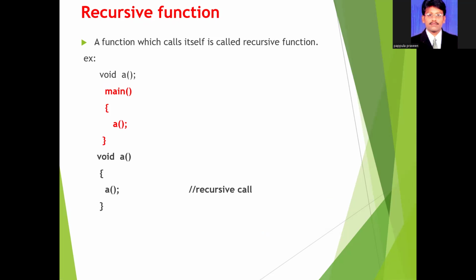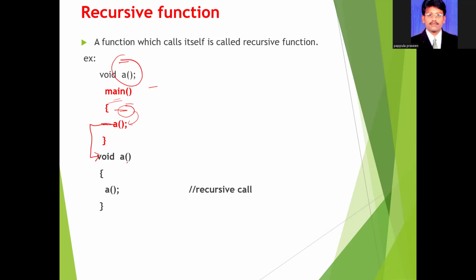Now coming to this example, we have a function named A, and we know the execution always starts from the main method. We have some local variables, some input and output functions, and some statements. After the statements, we have a function call. Immediately the control moves to the called function.